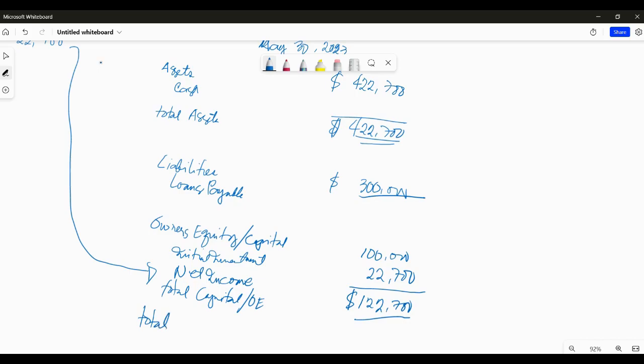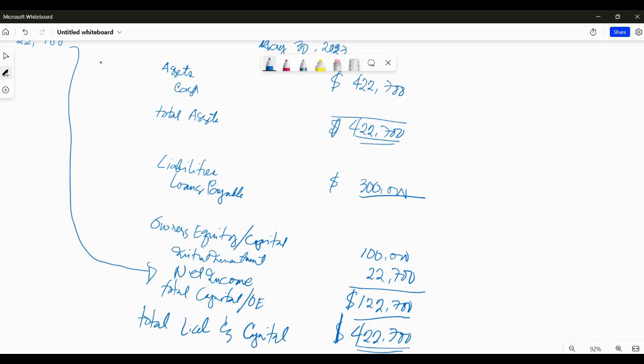So our total liabilities and capital is 300 plus 122, which is 422,700. So this is our balance sheet.